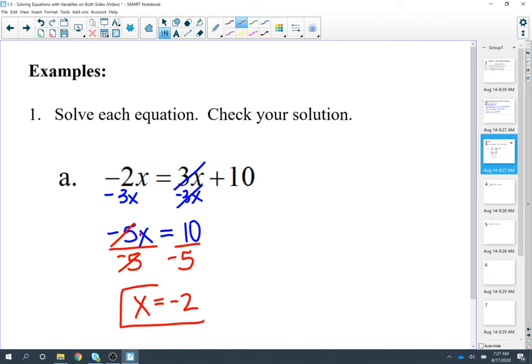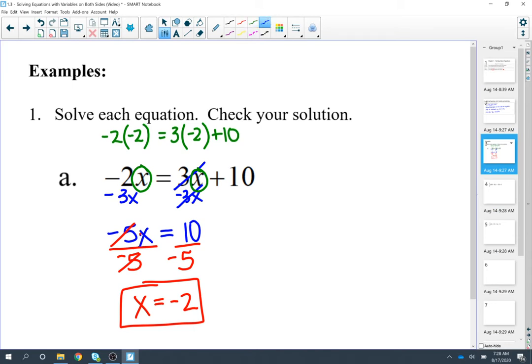And then the last thing I have to do is check my solution. I'm going to take the negative 2 and substitute it here and here. That gives me negative 2 times negative 2 equals 3 times negative 2, plus 10.